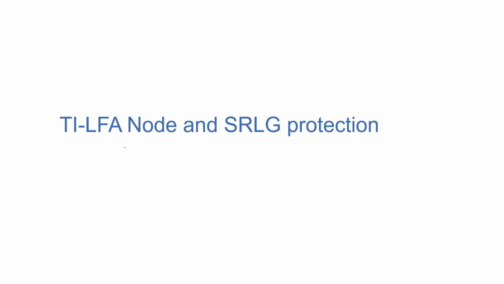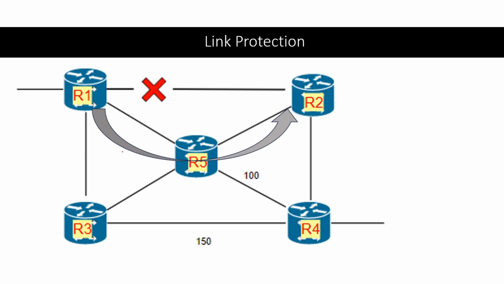Let's talk about the loop-free alternate, node protection and SRLG protection. If we talk about this topology, we are protecting this particular link between R1 and R2.